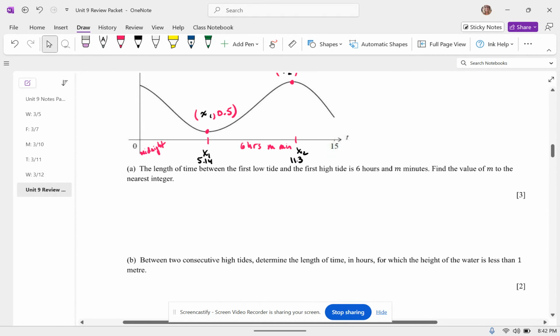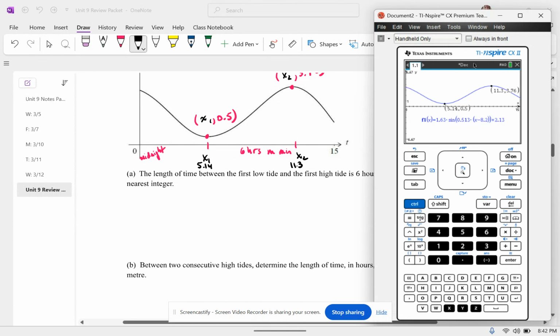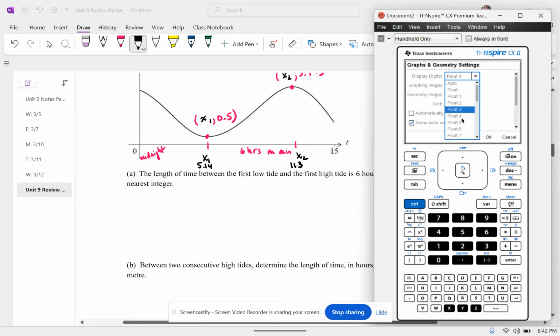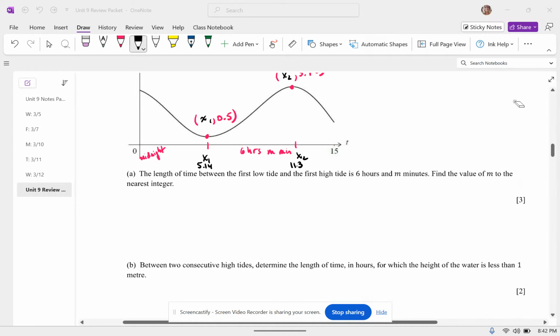Okay, so between that time frame, I wish I could change the settings on my graph so that I'm not rounding so much. Yeah, okay, cool. So 11.26 and 5.138. Okay, perfect.